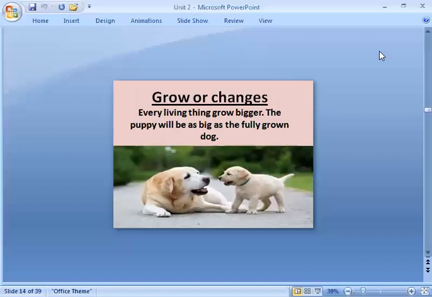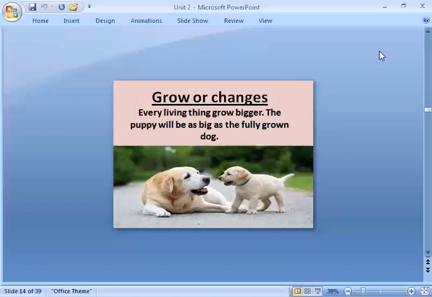Okay, now we learn about grow or change. Do you have any pet in your home? Yes, cat, dog, parrot. Okay, how has your pet changed over time?